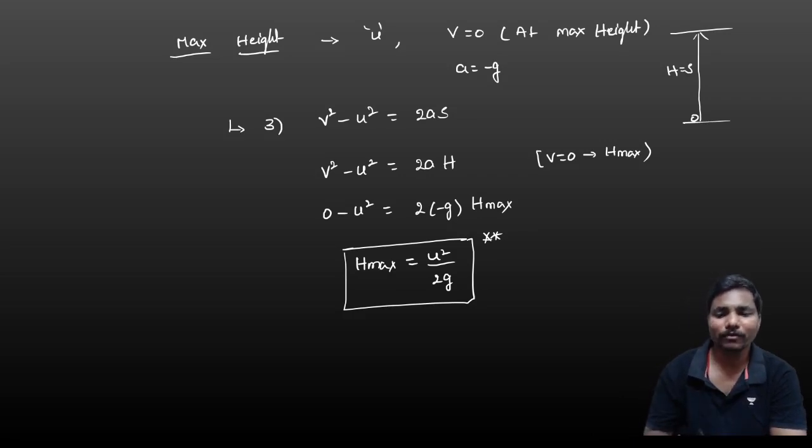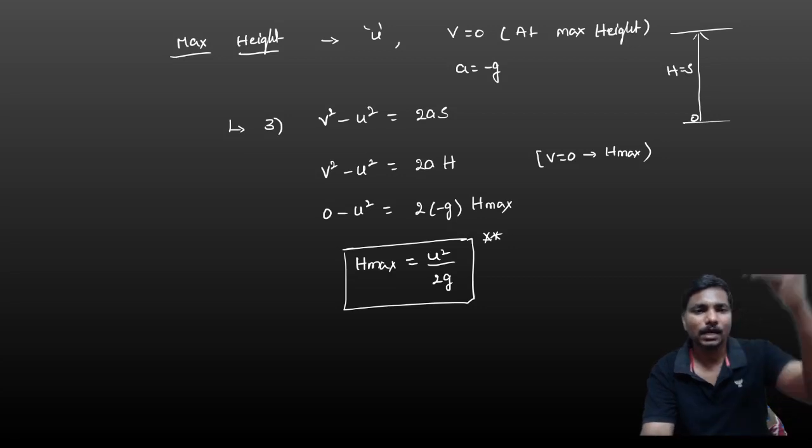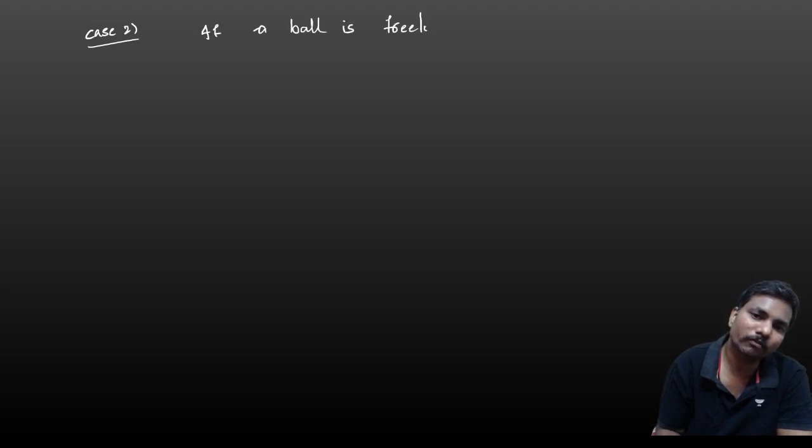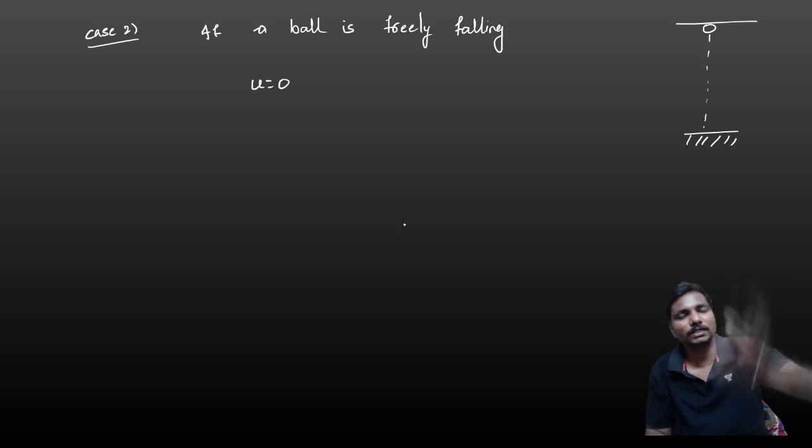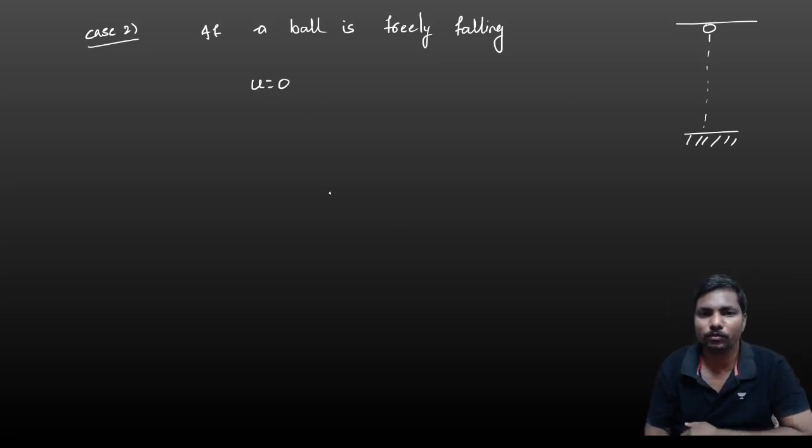In the same way, consider a ball accelerating downwards. Case 2: if a ball is freely falling, what is the initial velocity? You are not applying any velocity, it is just freely falling, so the initial velocity is 0.